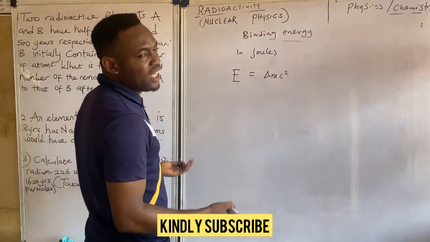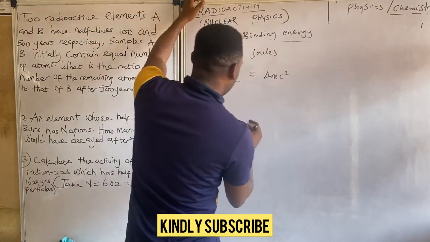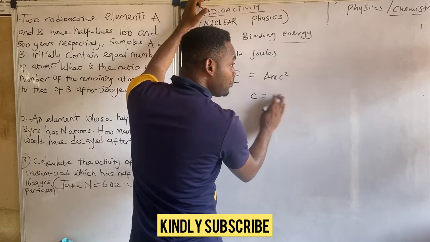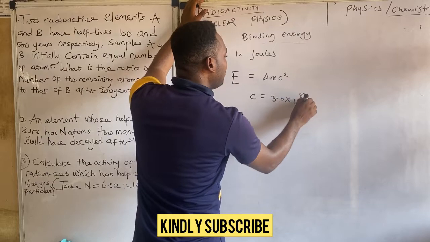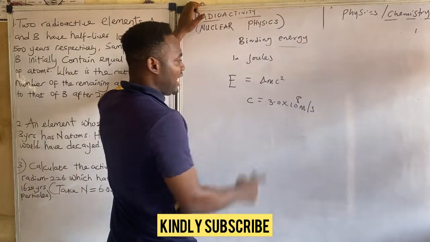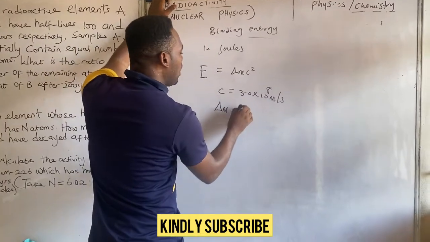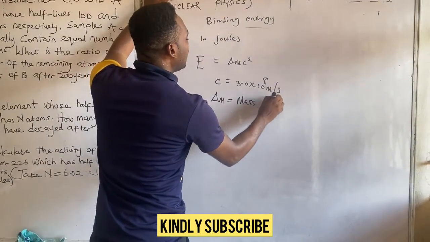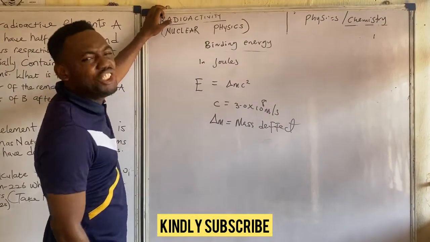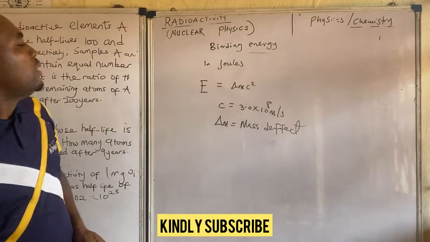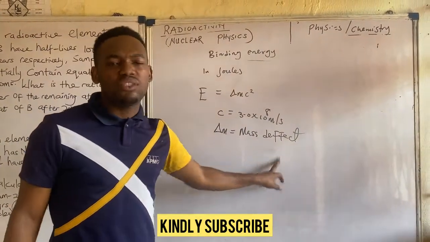Of course, this c is a constant, the velocity of light. c is equal to 3.0 times 10 to the power 8 meters per second. What about change in m? Change in m is what we call the mass defect, or change in mass.